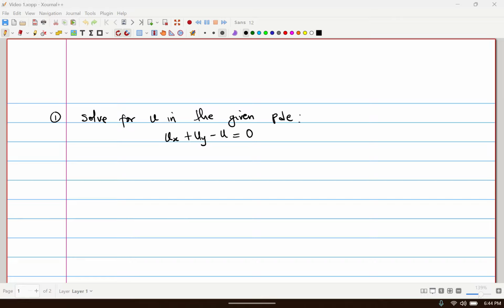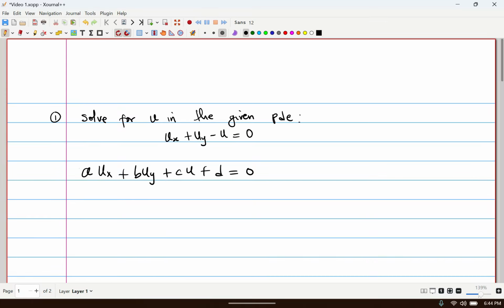So given a first order PDE, we were able to establish that the general form of a PDE is normally written as A u_x plus B u_y plus C u plus D is equal to 0.